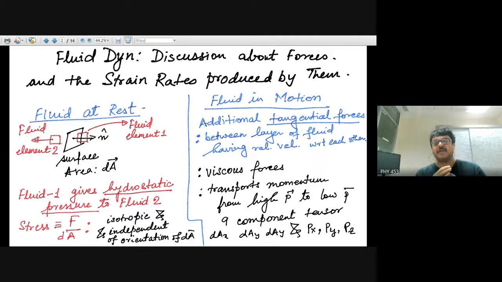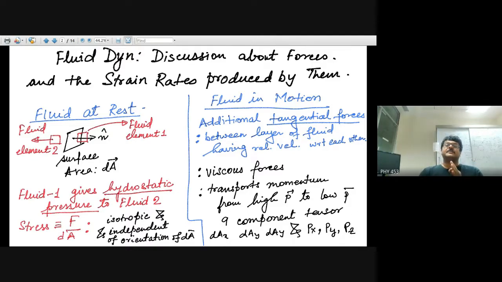Let's take a cubic box, and through each area, through dAx, you could have the x component of momentum acting on the other fluid element. You could have the y component of momentum being transported, force acting, and you could have the z component. So in general, it will be a 9-component tensor.